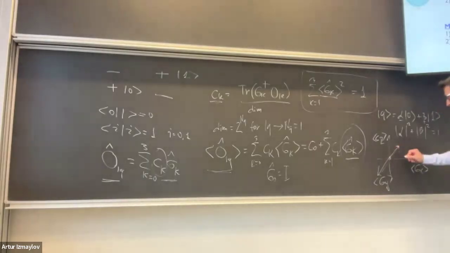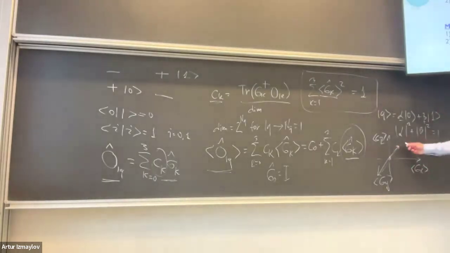The state will be a vector on this sphere with length 1. So that's another way to characterize the state, through expectation values of Pauli matrices.